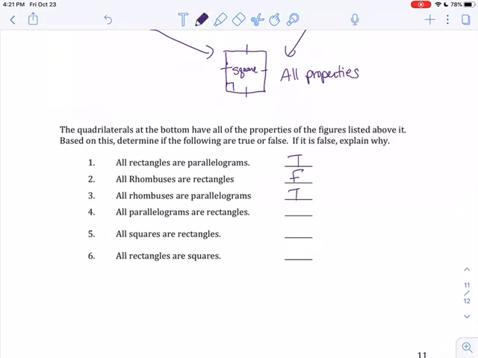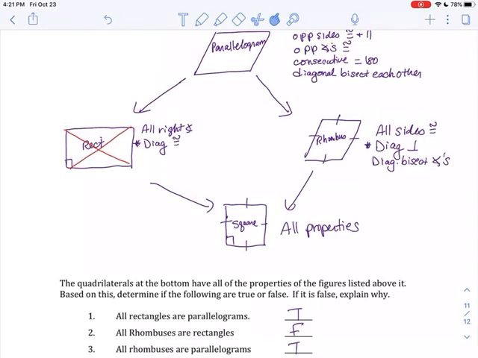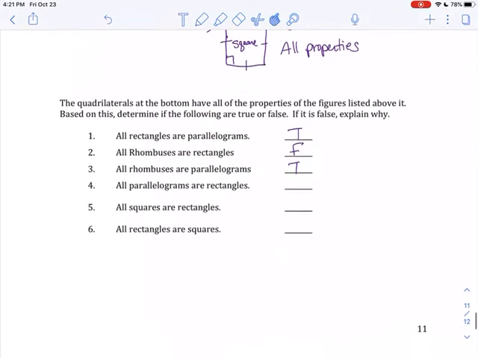All rhombuses are parallelograms. Again, to be a parallelogram, you just need opposite sides parallel. Does a rhombus have opposite sides parallel? Yes, it does. All parallelograms are rectangles. Well, a rectangle has right angles. Do all parallelograms have right angles? They do not.